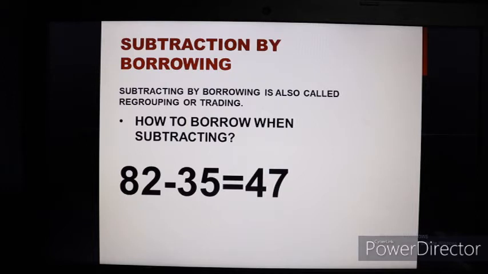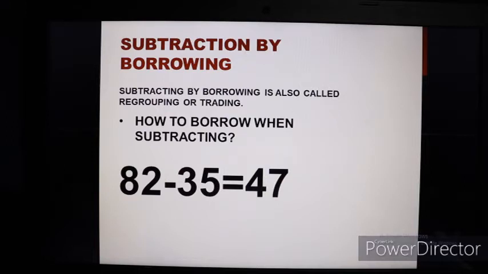How to borrow when subtracting? Sometimes when you are subtracting large numbers, the top digit in a column is smaller than the bottom digit in that column. In that case, you need to borrow from the next column to the left.